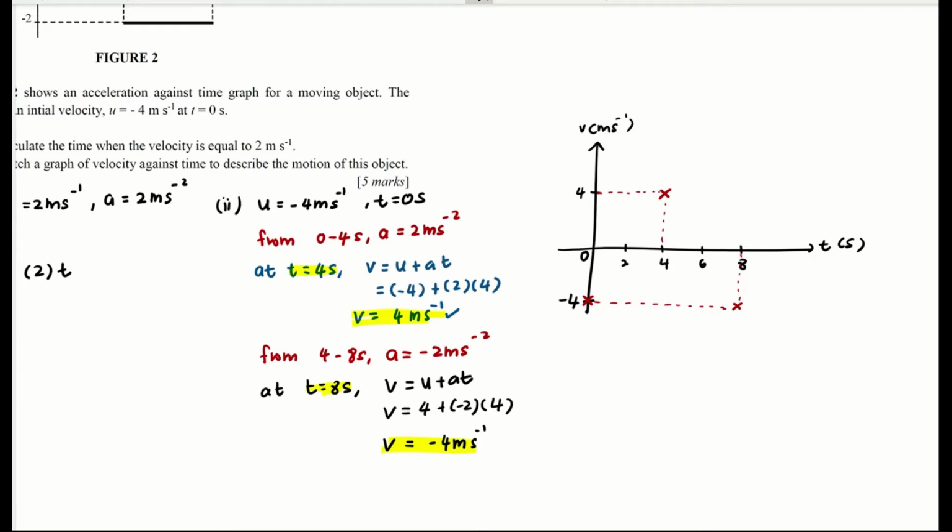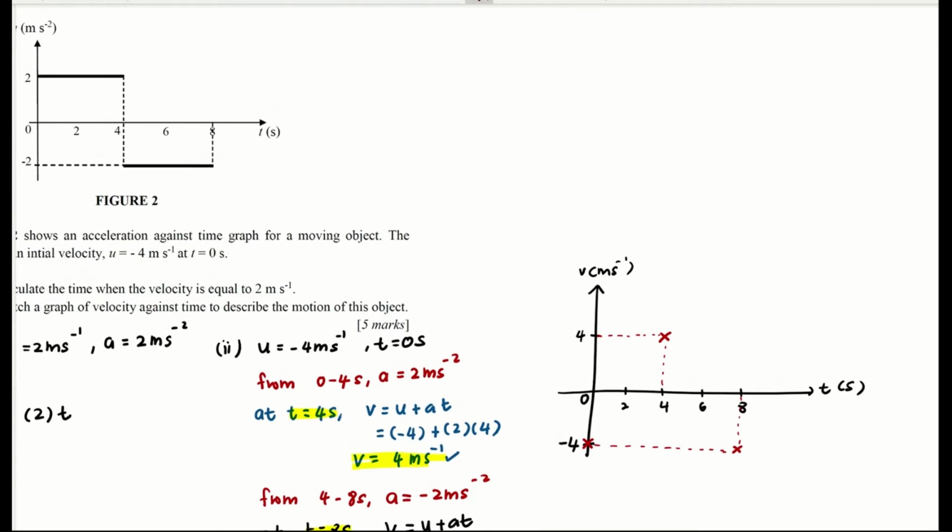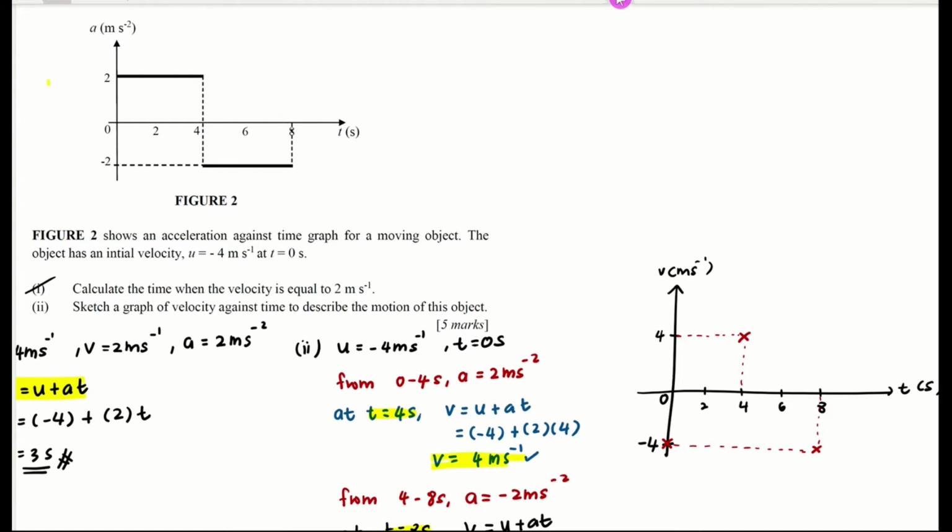Okay, so if we look at the acceleration graph here, you can see from 0 to 4 seconds the acceleration is constant. So acceleration is constant, which is a is positive. So a is positive, which means our velocity graph must look like this.